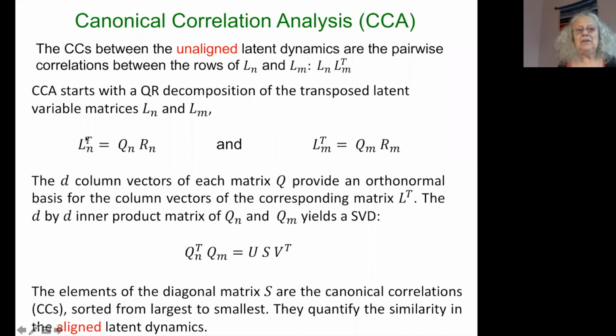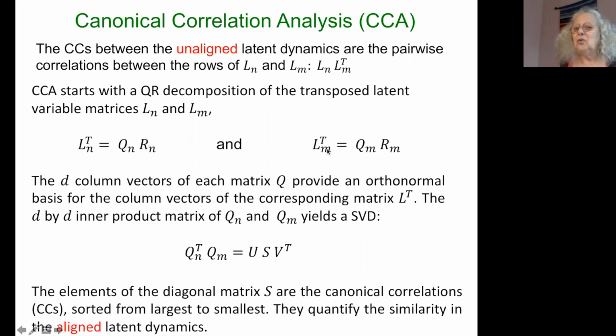So we transpose the matrix L, so now they are very long vertical matrices. Every column corresponds to a different latent variable, and as I go down, it's a function of time. And we write these L's as Q times R, where the Q's are again d column vectors, and they provide an orthonormal basis for the column vectors of the corresponding matrix L transpose. And R is an upper triangular matrix.